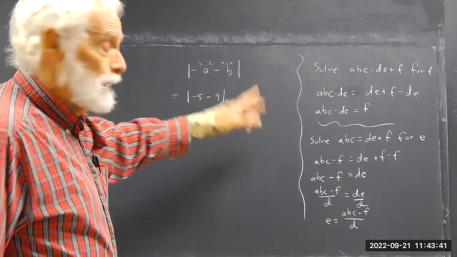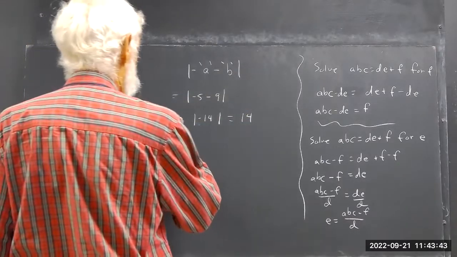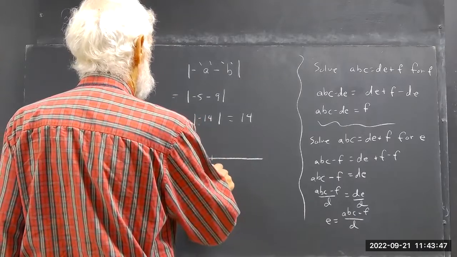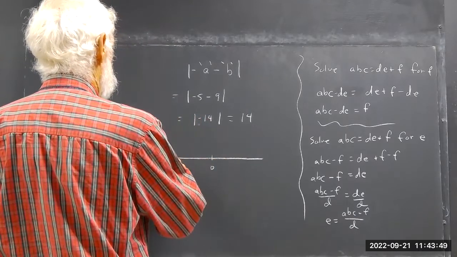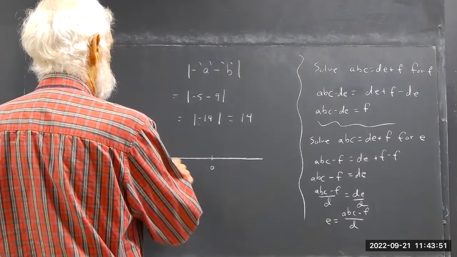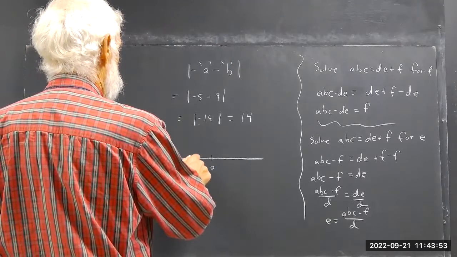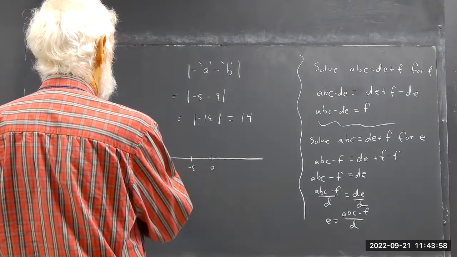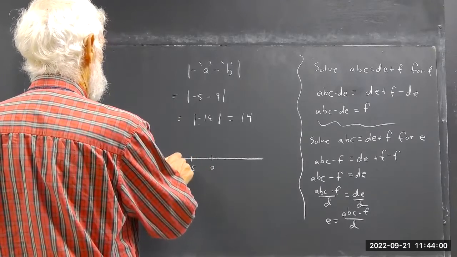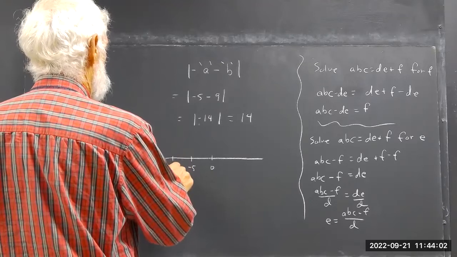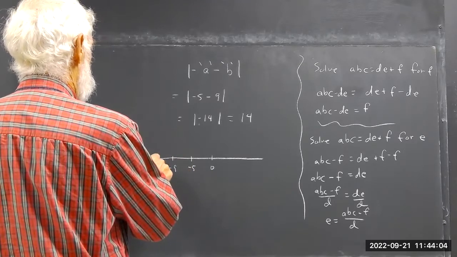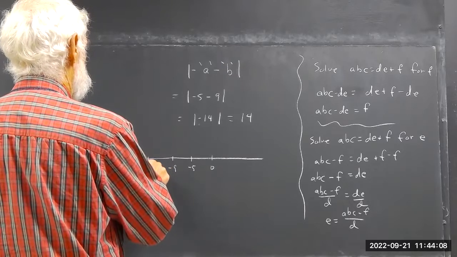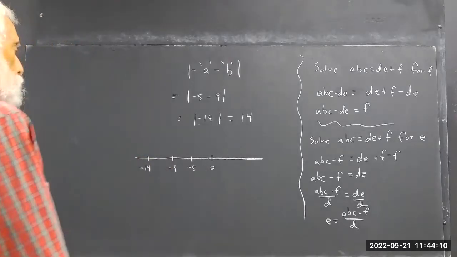Now here's a picture on the number line. Here's 0. And let's say here's -5. Here's -9. Here's -14, right?